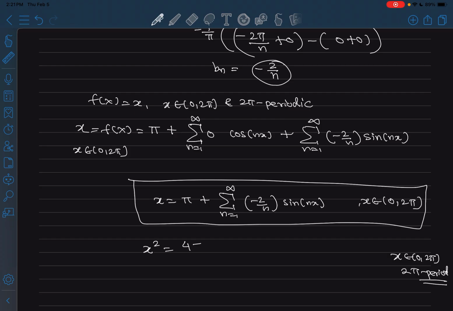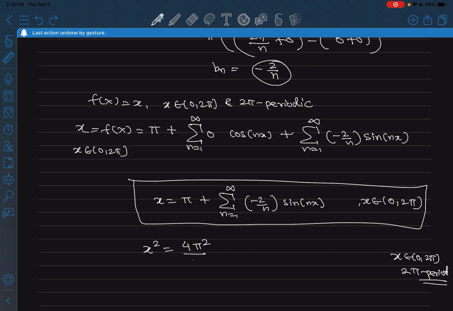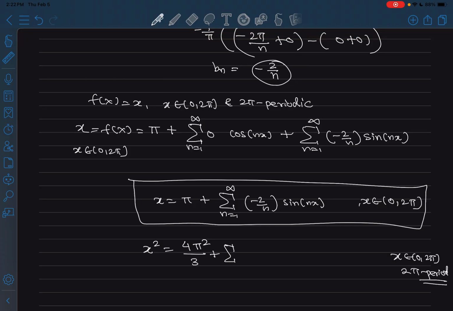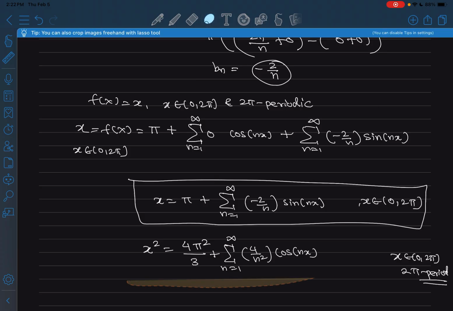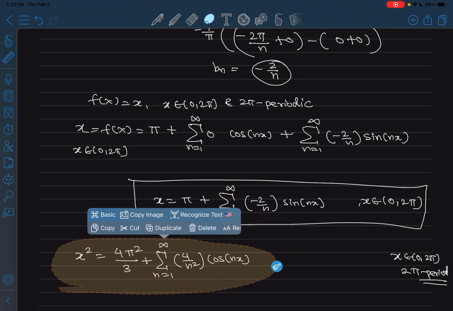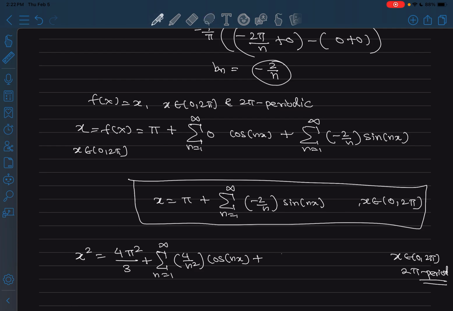And yeah, so you can do it the same way and find the following. So 2 pi square divided by 3, this is our a naught, and then a n will be 4 over n square cosine of nx, and then b sub n will be, with the sum from n equals 1 to infinity, minus 4 pi over n with sine nx.